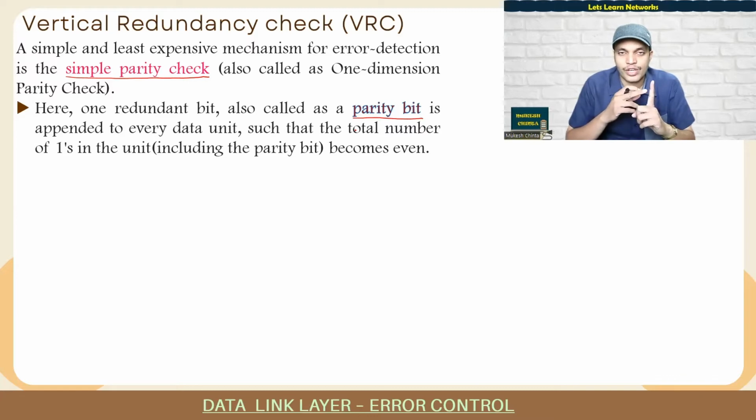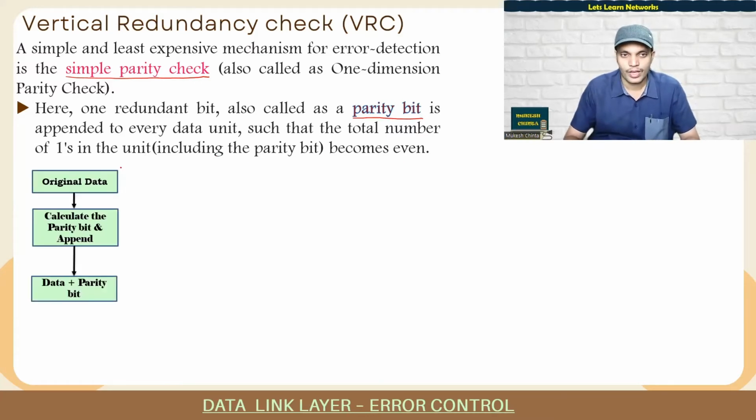If the number of ones in your data unit is even, then you put a 0 there. If the number of ones in your data unit is odd, add the parity bit as 1. That's all. Now, why are you doing this? Because ultimately what you have to look after is that the total number of ones in your code word which you send to the receiver is always even.